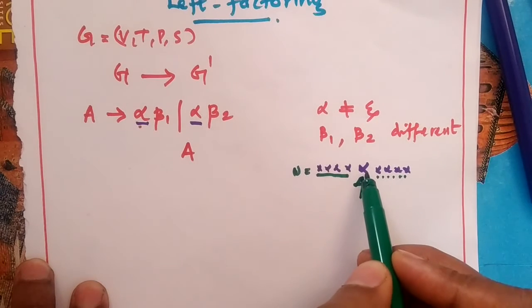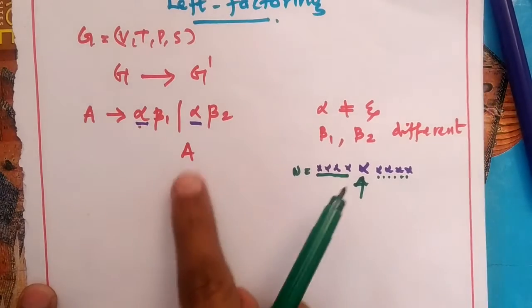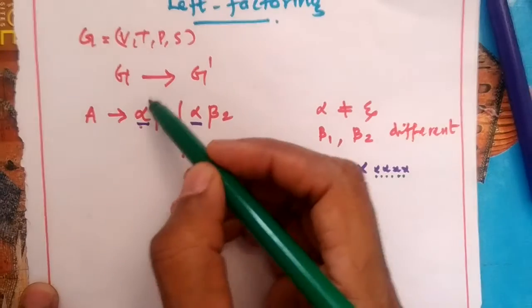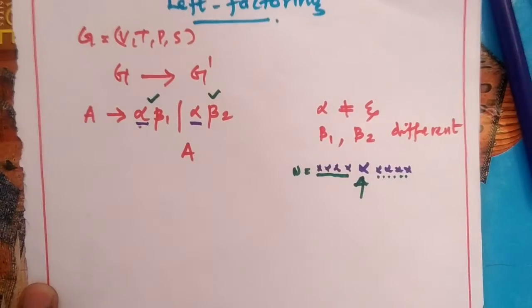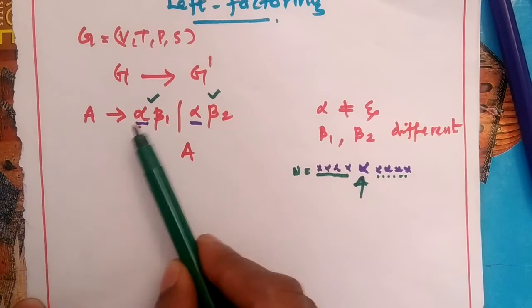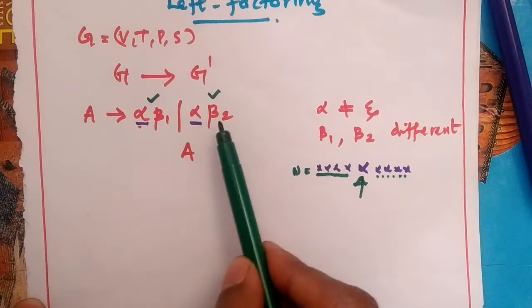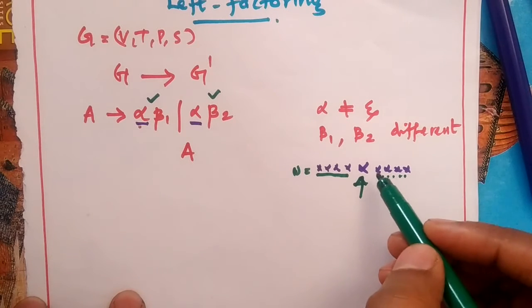Currently we are at node A, and we can expand A by seeing alpha. Either you can use A gives alpha beta 1, or A gives alpha beta 2 to expand A. The problem here is that by seeing alpha alone we can't decide which production to use for expanding A, whether A gives alpha beta 1 or A gives alpha beta 2. So in order to decide the apt production from the grammar G, we need to read the subsequent string after alpha.